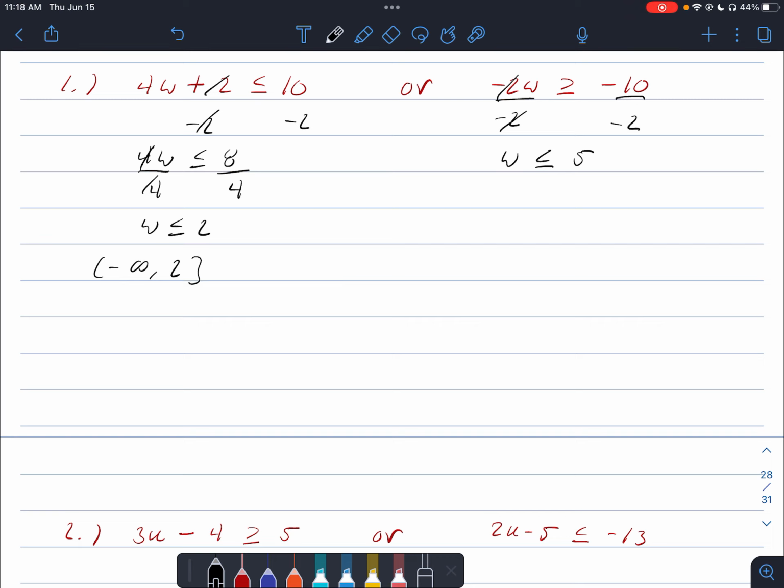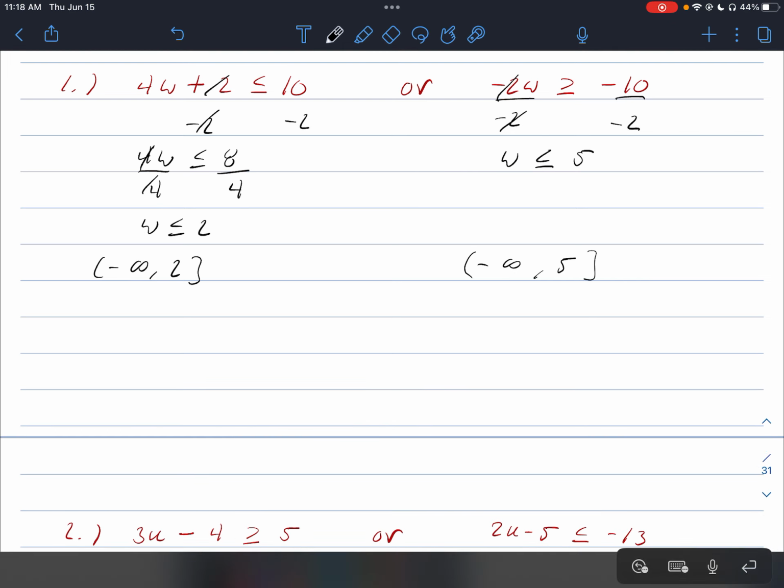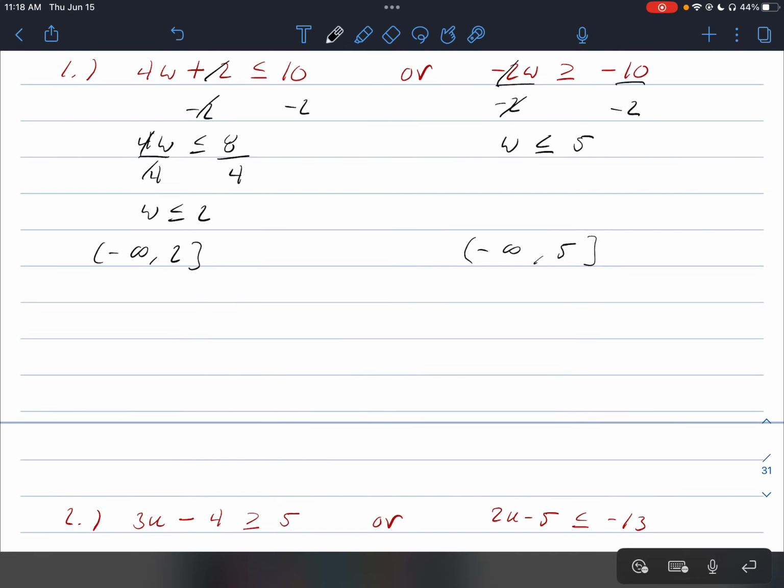We're going to use a bracket here. And then in this one, we have w is less than or equal to 5. So we have negative infinity, the parentheses, to 5. Okay? Do a better bracket. There we go. So w is less than or equal to 5.